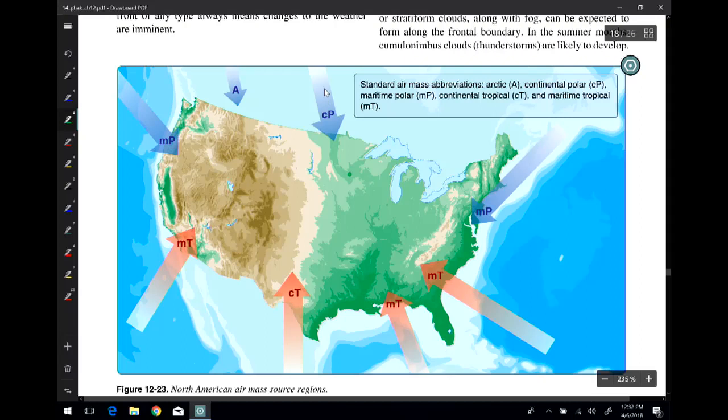So when we see a big cold front coming in from central Canada, let's say, and some people think that stands for Canadian polar, but it's not, it's continental polar, that air is going to be drier. So when we see a cold front pushing in from the north straight to the south, or even a little bit off this way, the chances are that air is going to be very cold and dry.